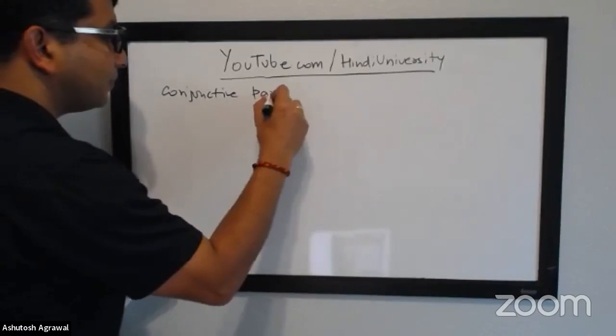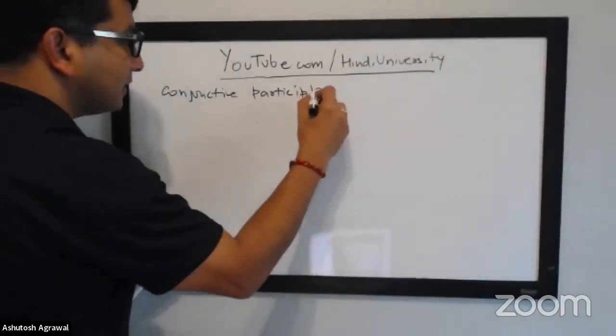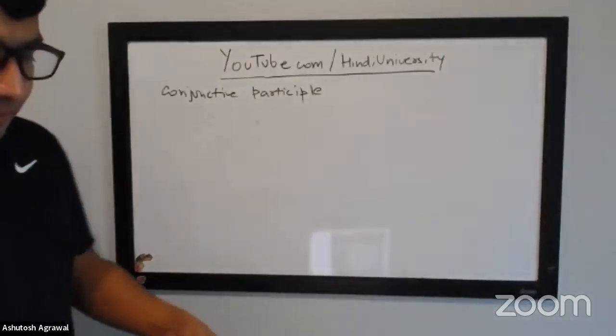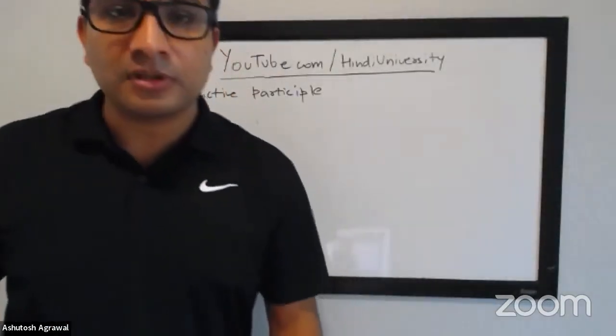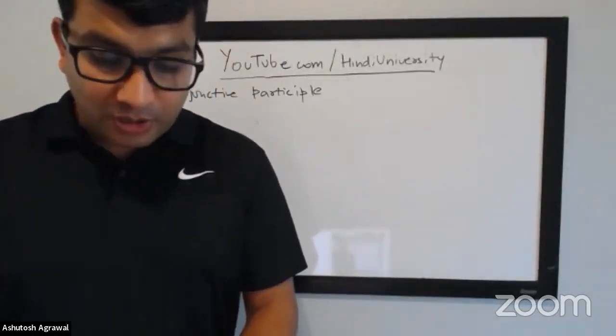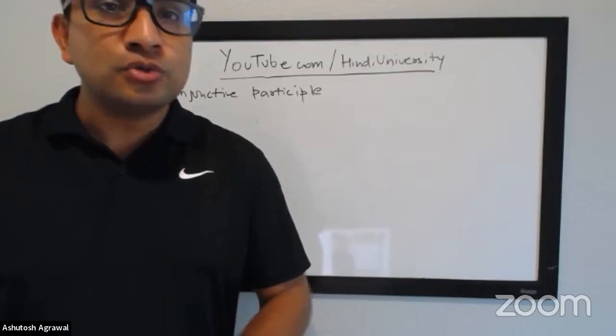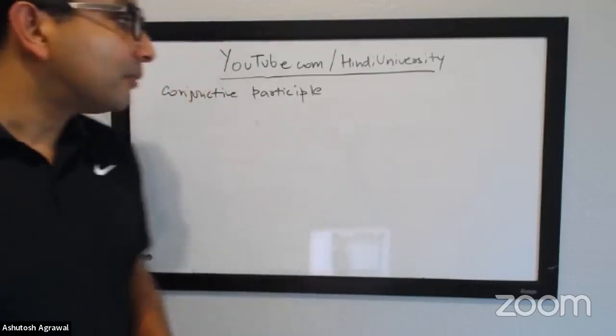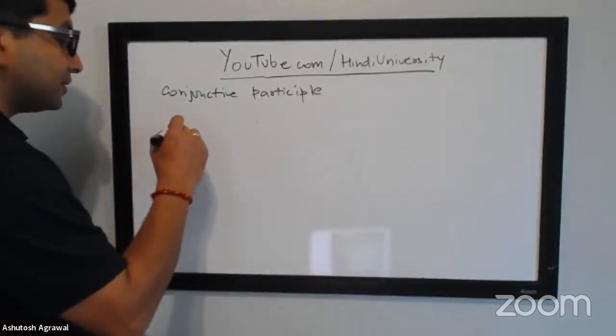Conjunctive participle, as the name implies, these are participles or grammatical concepts which are used when there are two sequential actions performed by the same person or subject.